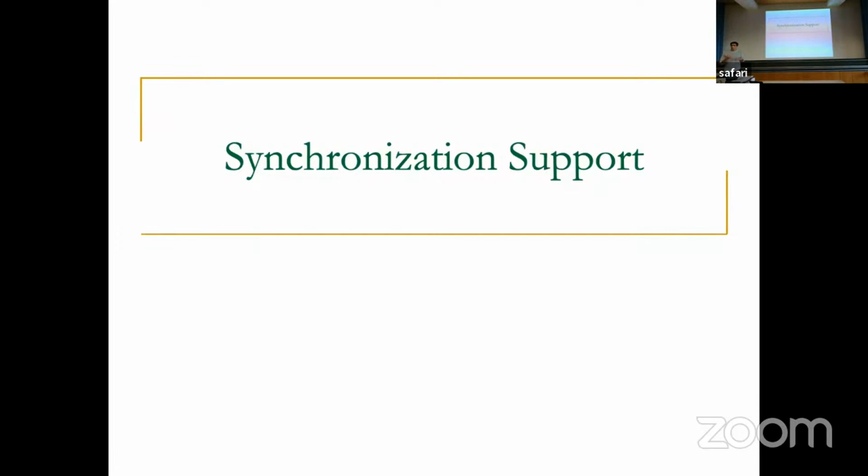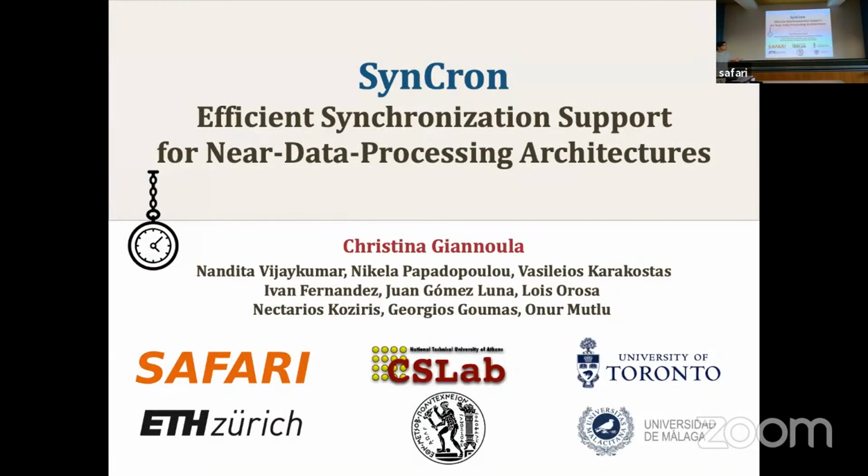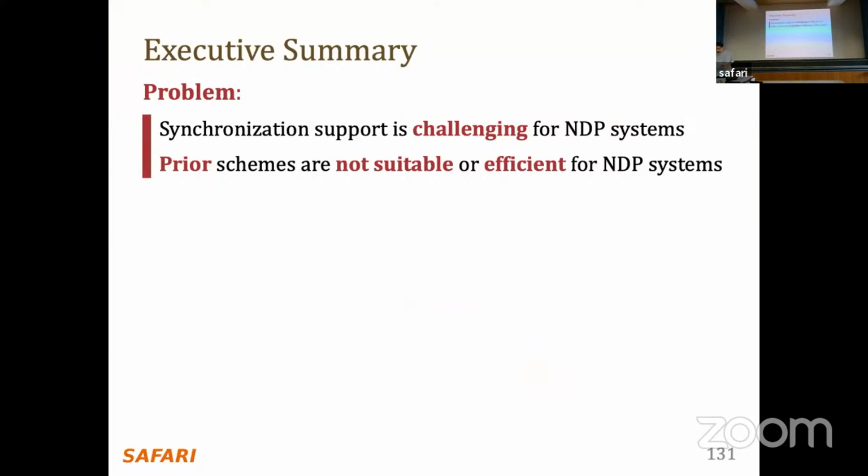That's why we have these remote function calls, and we have this message queue, because they need to communicate, right? But that approach is specific to that design, to that coarse-grained accelerator. In a more recent work, we proposed SynCron, an efficient synchronization support for near data processing architectures, and I'm going to briefly discuss it now.